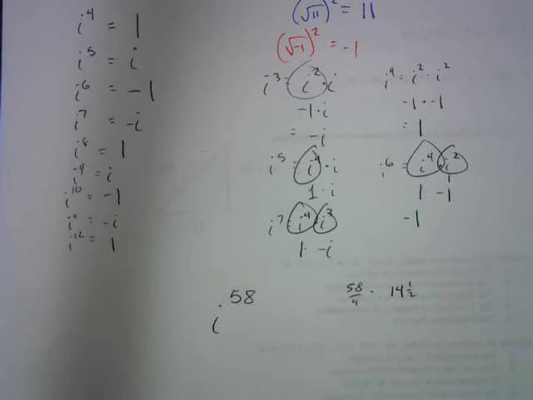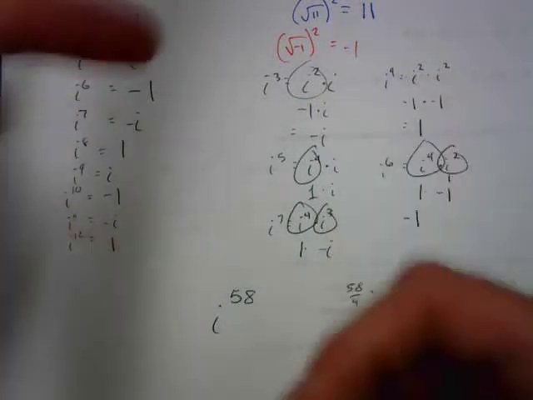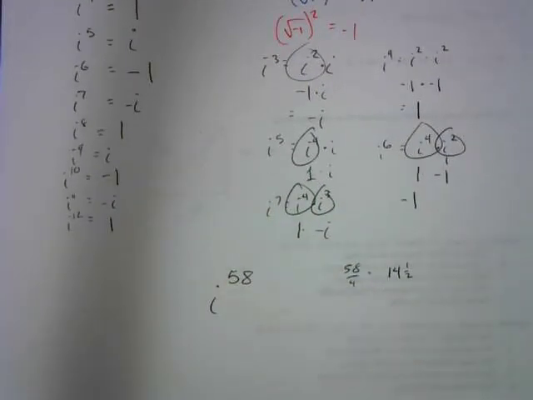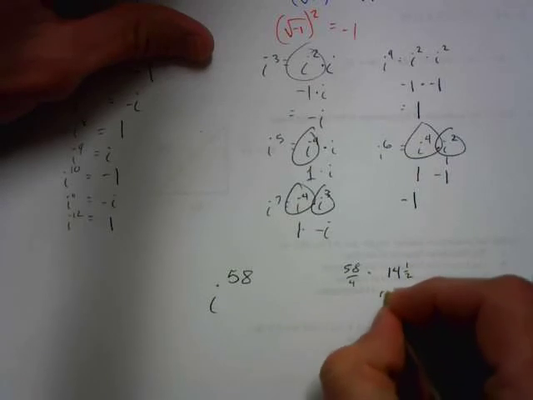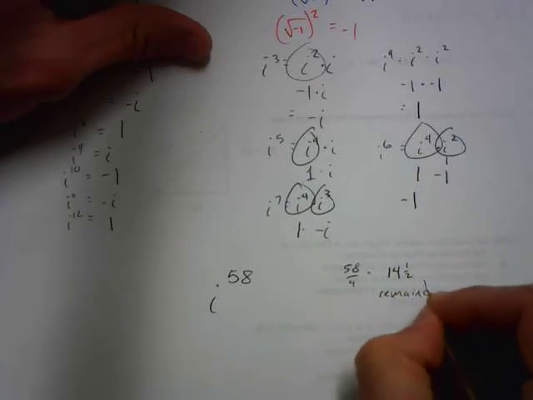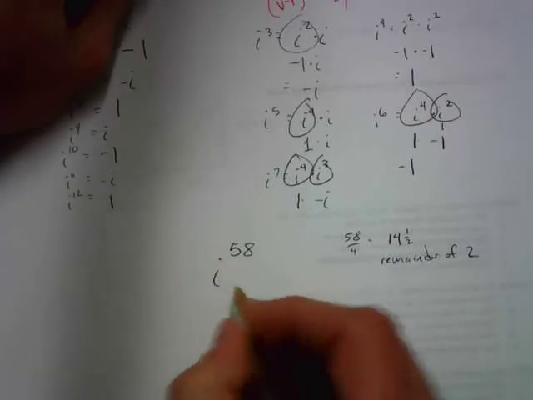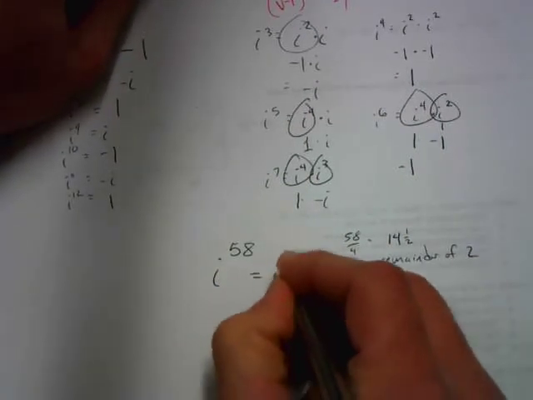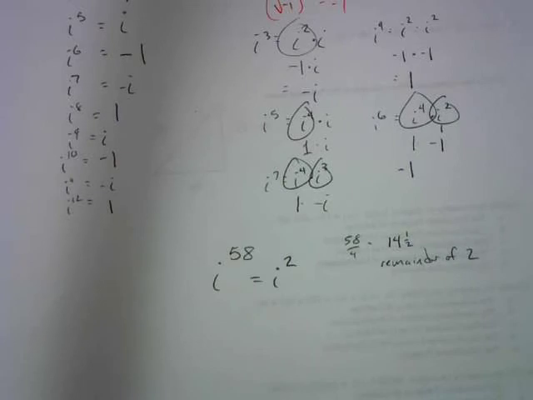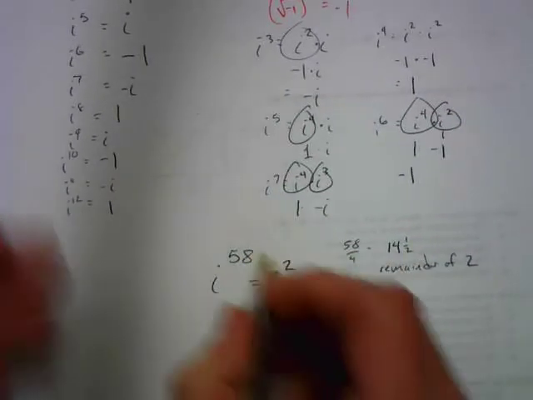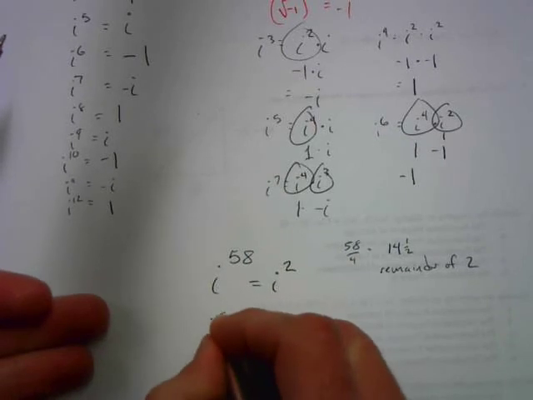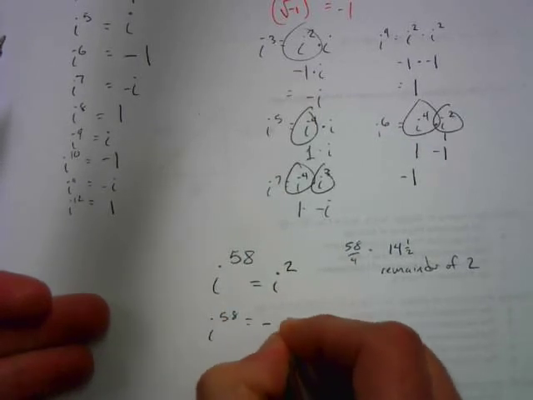And that remainder, because it's cycling over every fourth time, that remainder of 2 means i to the 58th is the same exact thing as i squared. And i squared is negative 1. So i to the 58th power is negative 1.